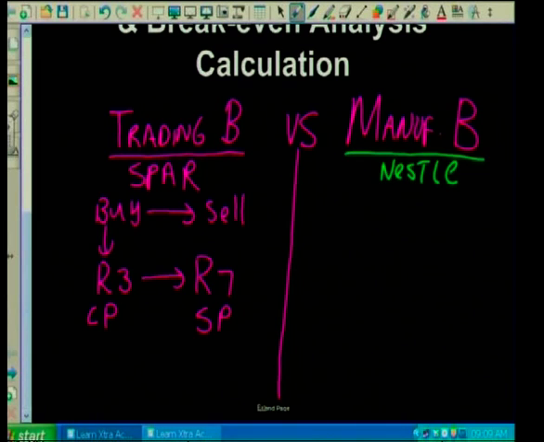Nestle will obviously first make the product, and once they've made the product, they will then sell it to their customers, and Spar would be obviously a customer, Pick n Pay, Woolies, etc.